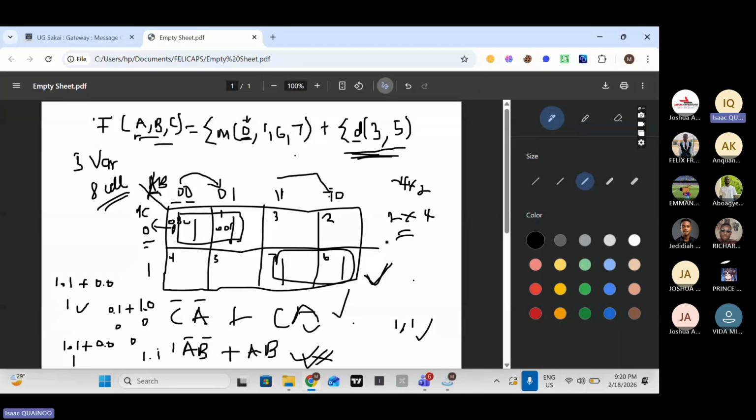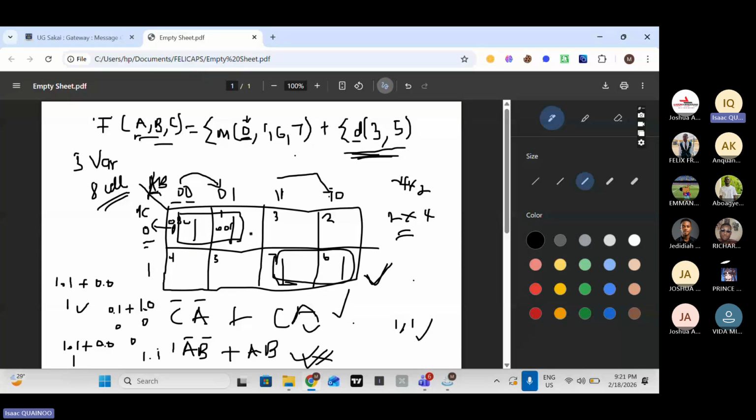All right, I was explaining that when it comes to cells that are specified to hold don't care values, in this case we have D of 3 and 5, those cells can hold values of either 1 or 0, depending on the kind of problem you are dealing with.